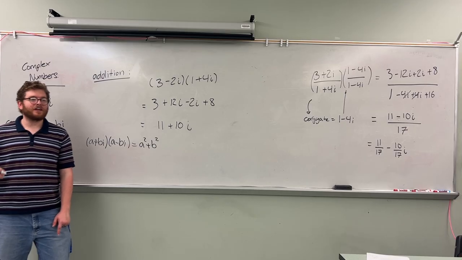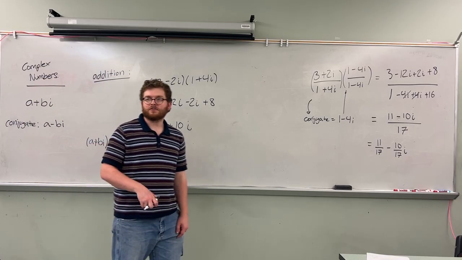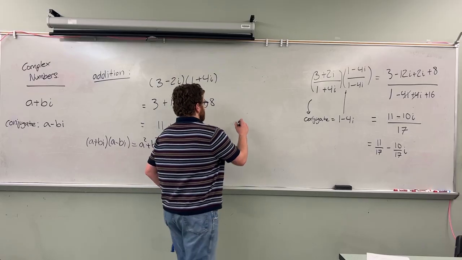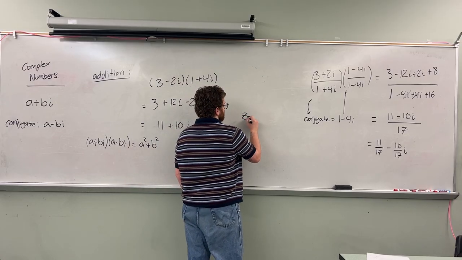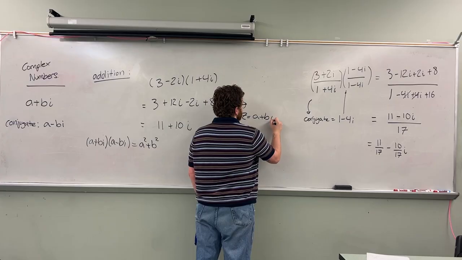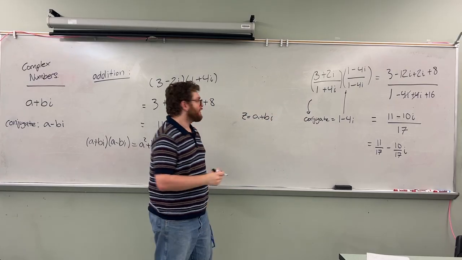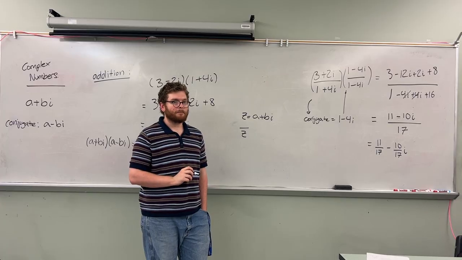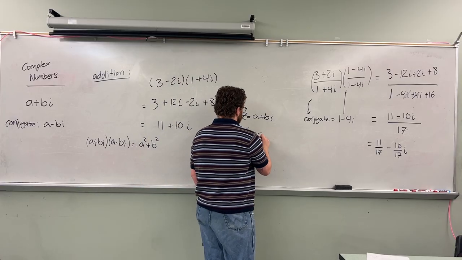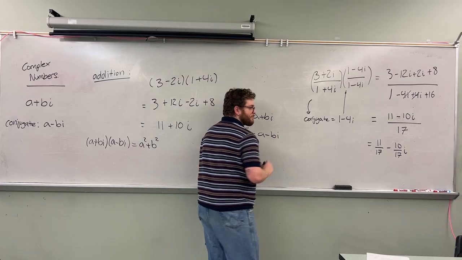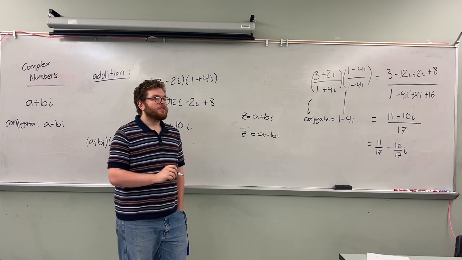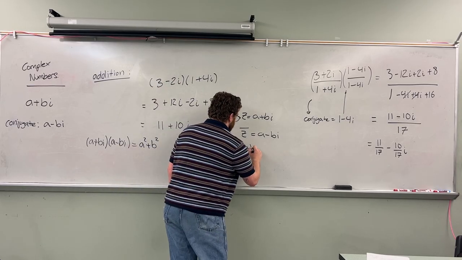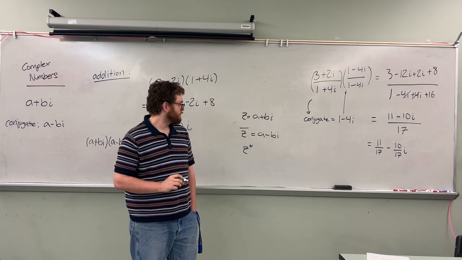One thing to note is that there's some notation that you'll see for taking complex conjugates. There's 2 different ways people write it. If z equals a plus bi, the first way to write it is I put a bar on top of my z. And this means take the conjugate. The other way to write it, which is how I typically write it, is I put a star above it.